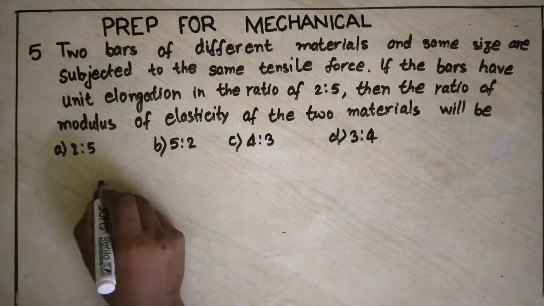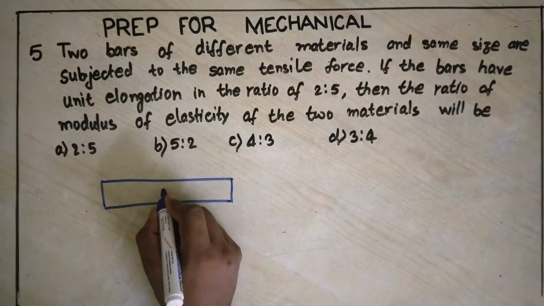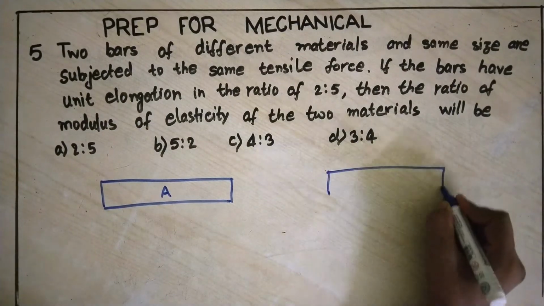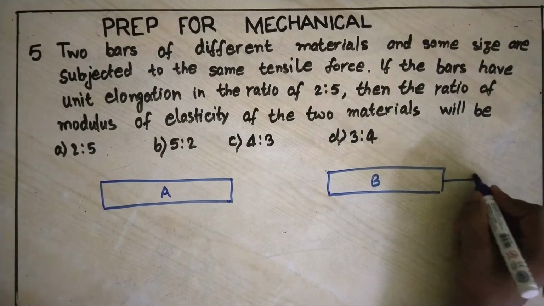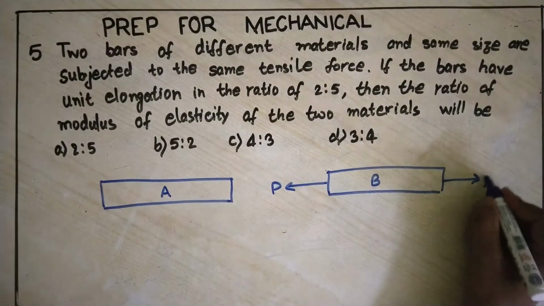In this question, two bars are given. Let them be bar A and bar B, and the force applied on both the materials is the same.